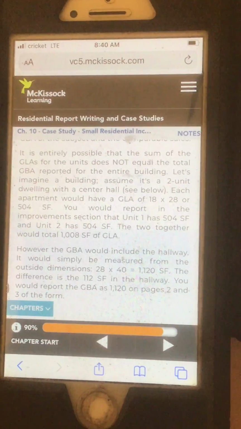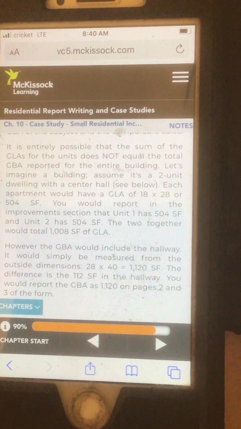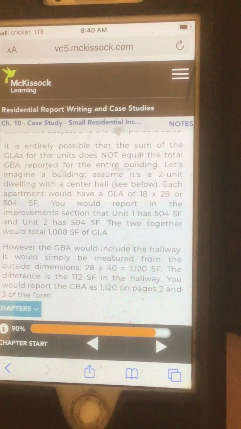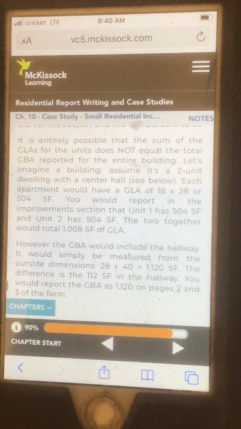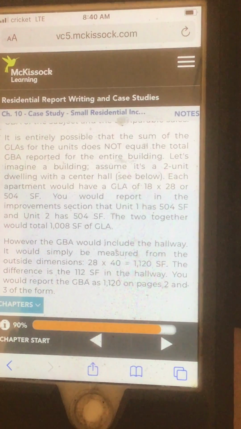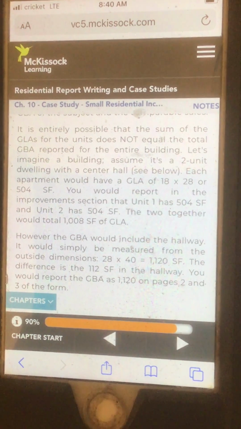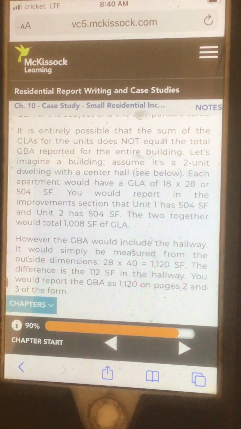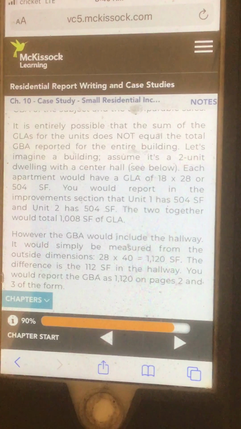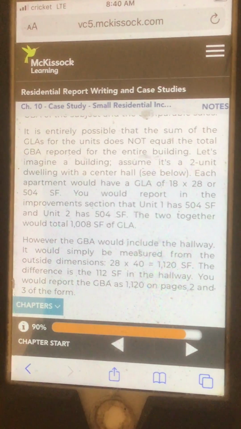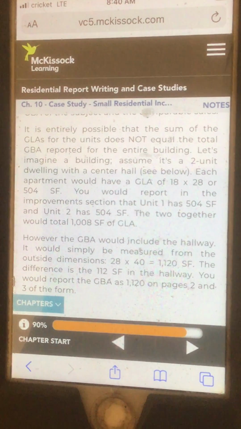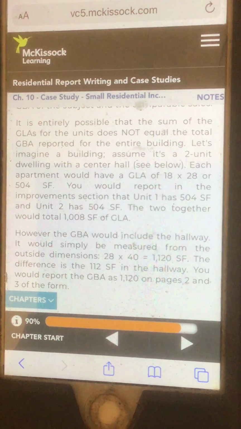You would report in the improvement section that Unit 1 has 504 square feet and Unit 2 has 504 square feet. The two together would total 1,800 square feet of GLA. However, the GBA would include the hallway.